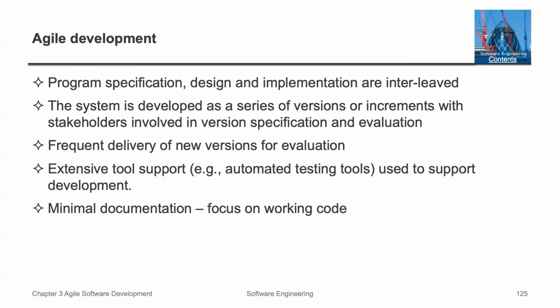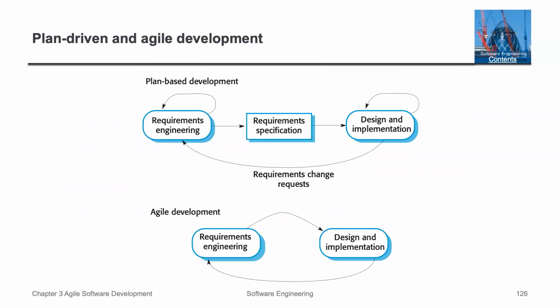The system is developed as a series of versions or increments with stakeholders involved in the version specification and evaluation. There are frequent deliveries of new versions for evaluation, and there's extensive tool support, that is, automated testing of tools used to support the development. There's minimal documentation that focuses on getting the code working.